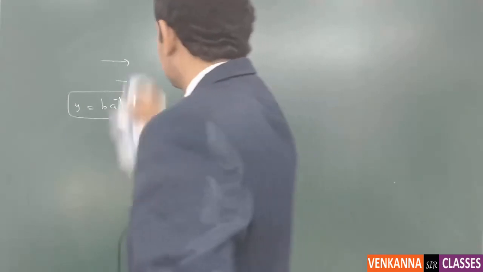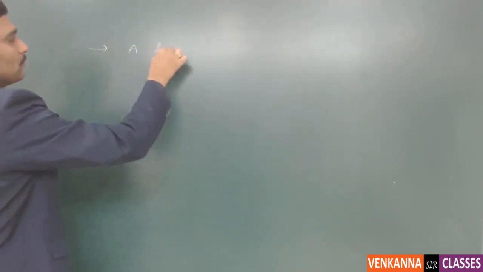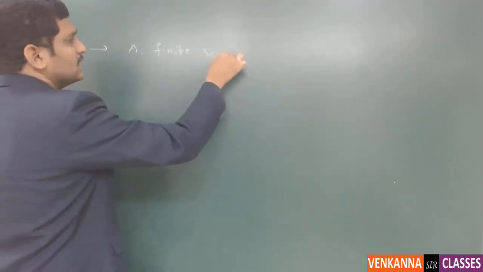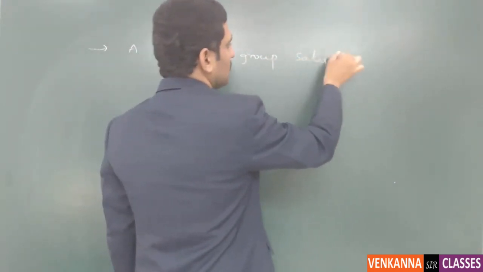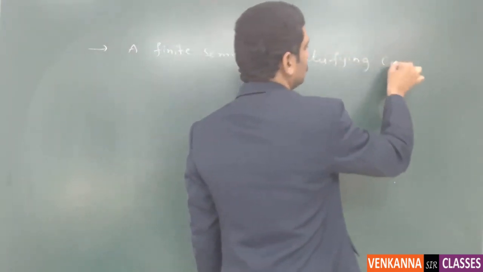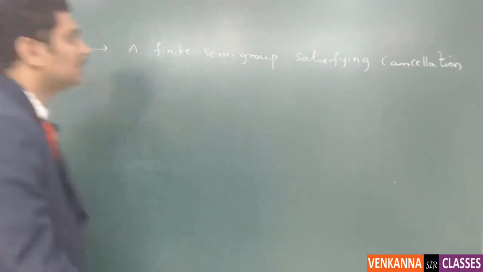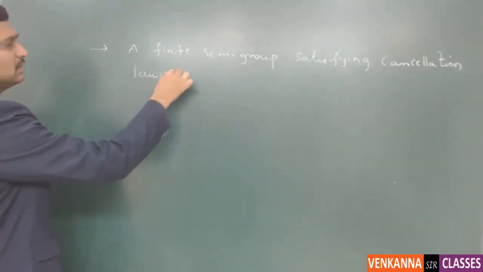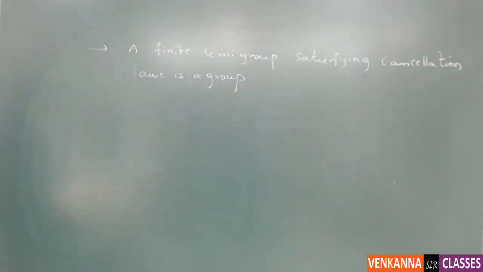So the next question is: a finite semigroup satisfying cancellation laws is a group. A finite semigroup satisfying cancellation laws is a group.